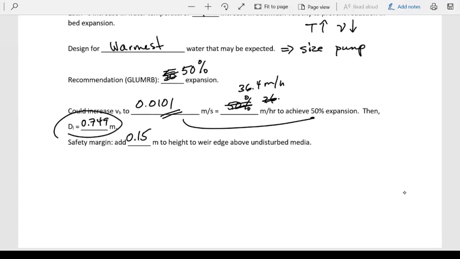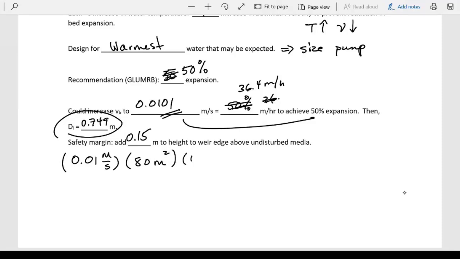And just to do one last calculation, at 0.01 meters per second, we have a filter bed that's 80 meters squared in surface area.